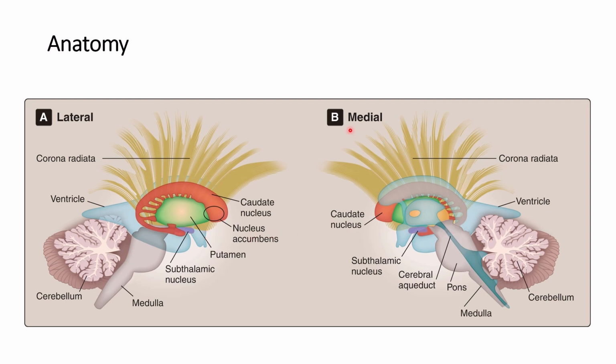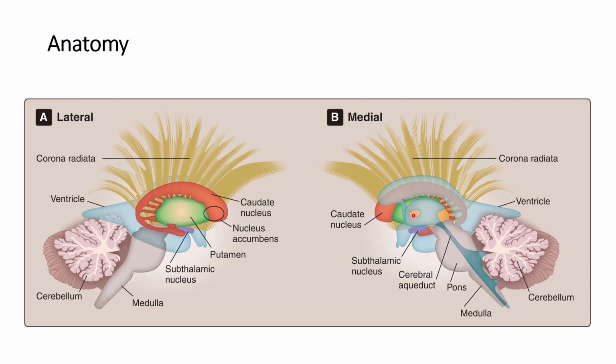On the medial view, this is the lateral ventricle, and in the background, you see the caudate nucleus. So the caudate nucleus is located lateral to the lateral ventricle. You can also see the subthalamic nucleus here. This is the third ventricle. In the background, this is the area where the thalamus is located.